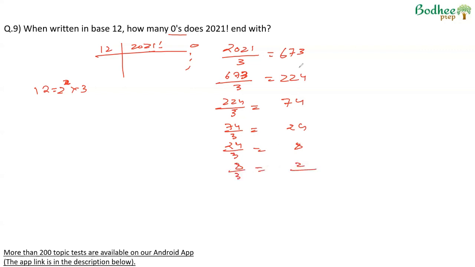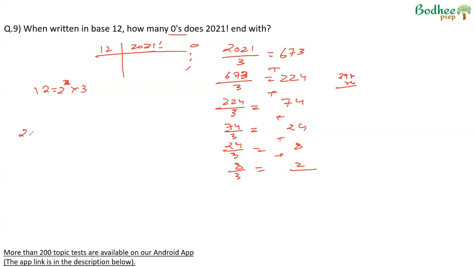So if we add these, 673 plus 224 will be 897. 897 plus 74 is 971. 971 plus 24 is 995, plus 8 is 1003, plus 2 is 1005.